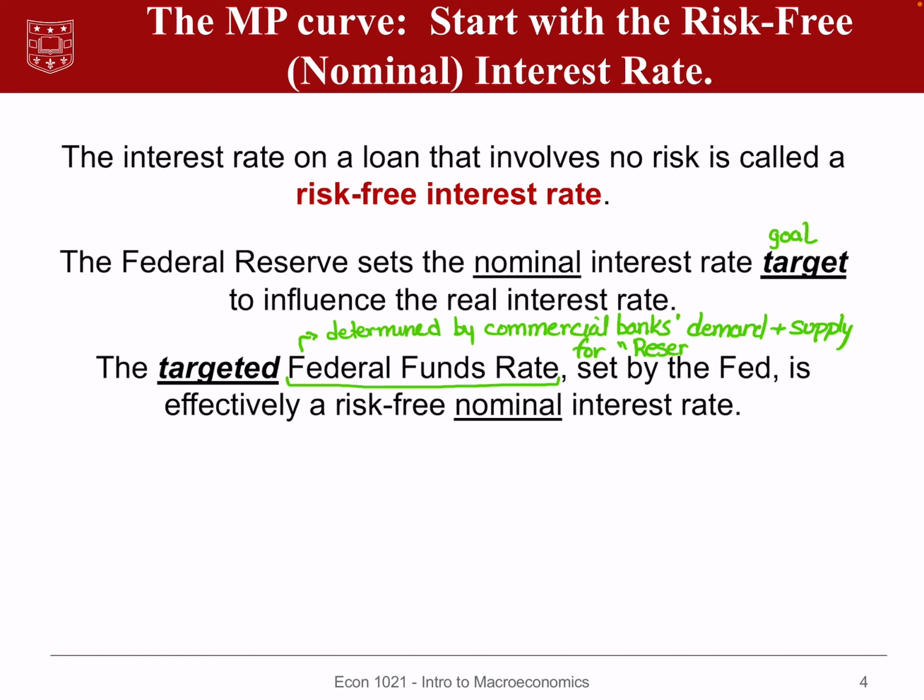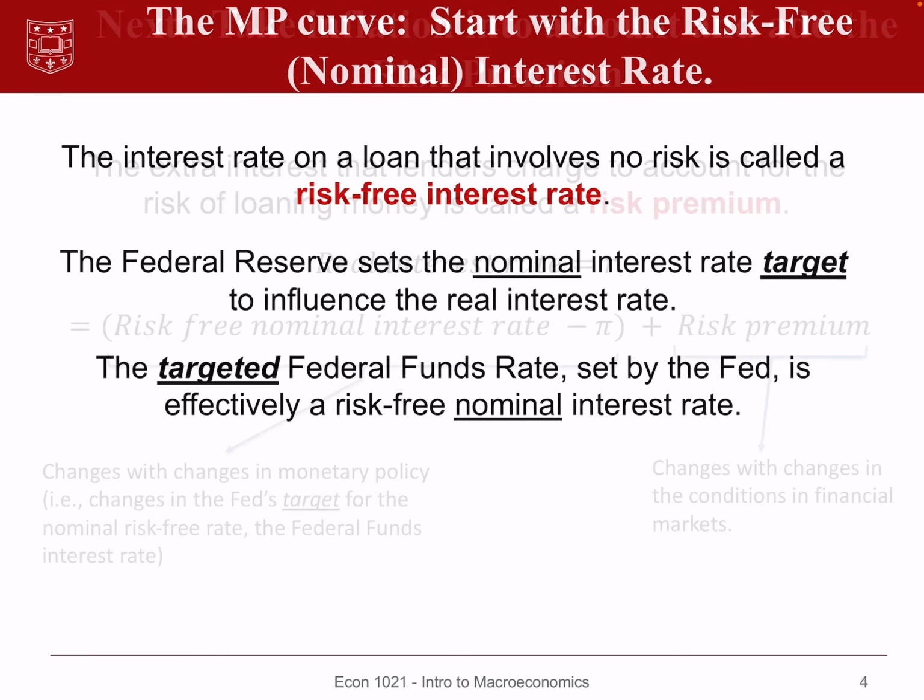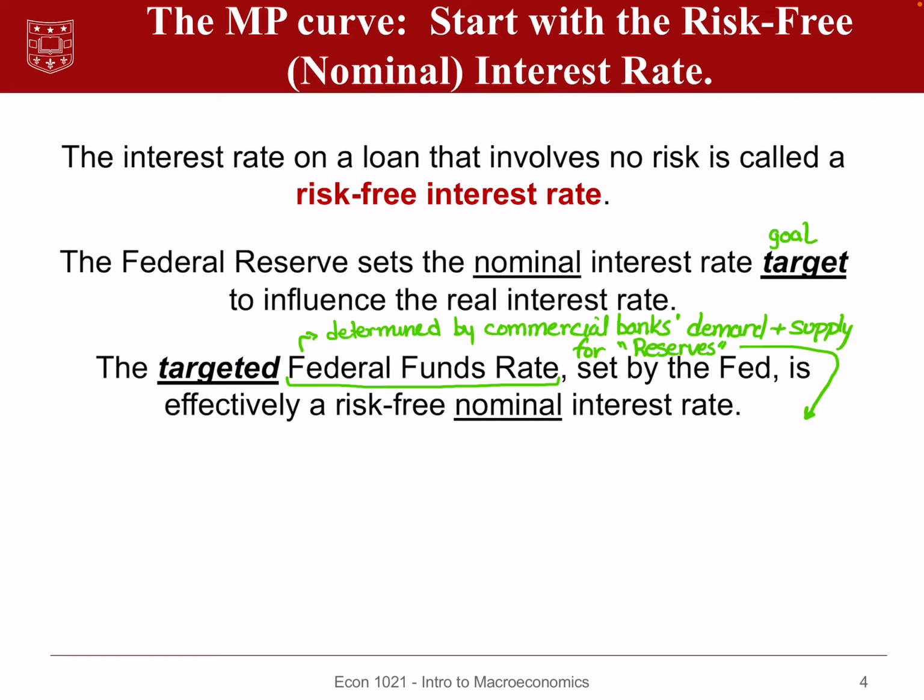And when we are in chapter 22, we'll explain that a little bit more. But suffice it to say that commercial banks are going to borrow and lend. Commercial banks borrow if they're a demander, of course, or lend if they're a supplier of reserves, at a price that is the federal funds interest rate.